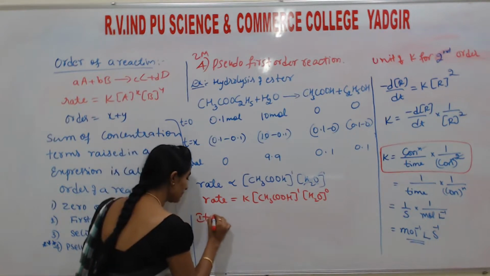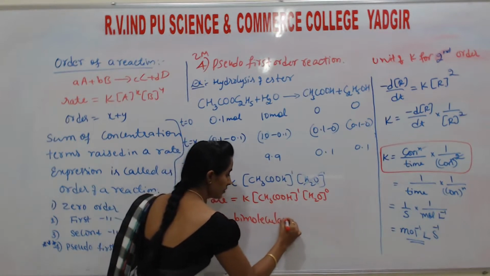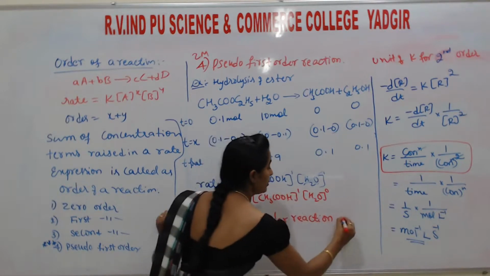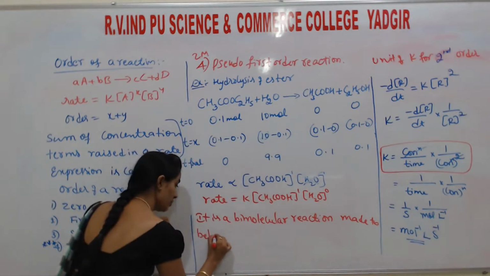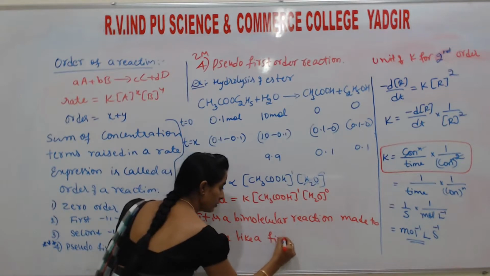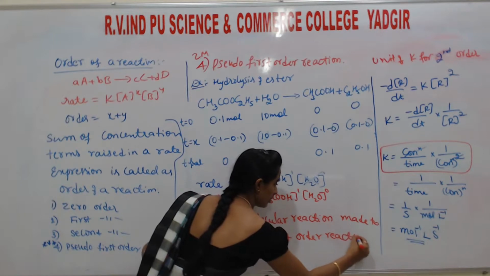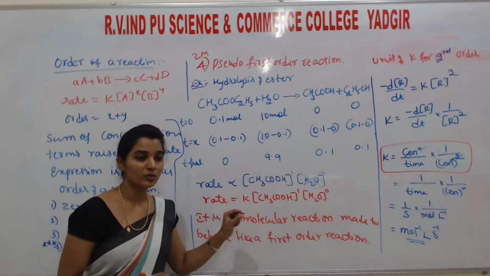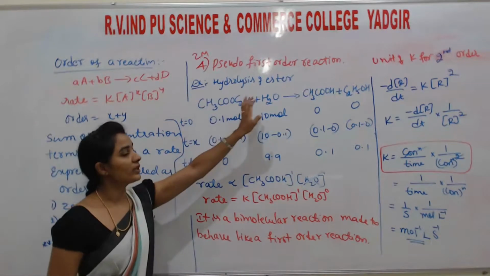It is a bimolecular reaction made to behave like a first order reaction. Understand? It is a bimolecular reaction, but it is made to behave like a first order reaction. Hence, it is called a pseudo first order reaction.